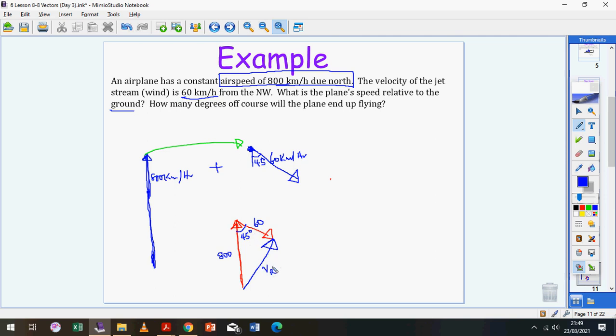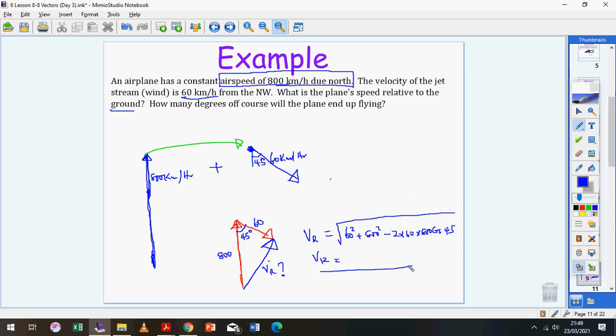So I could just straight away say VR squared is equal to 60 squared plus 800 squared minus 2 times 60 times 800 cosine 45, and then to get VR I take the square root, right? I could immediately do that and get the answer for the relative velocity, right?